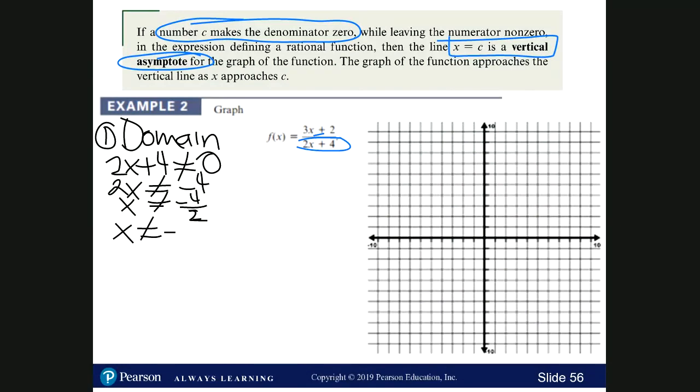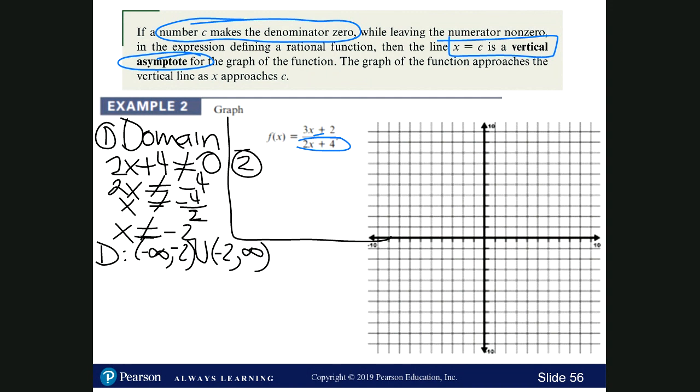So that exclusion from the domain, if I had to enter the domain as an interval, I would say the domain will be all real numbers except for that. So negative infinity to negative 2, parentheses, because negative 2 is not included, then union, parentheses, negative 2 to positive infinity. That would be the domain. Now, our second step is going to be to find the vertical asymptote.